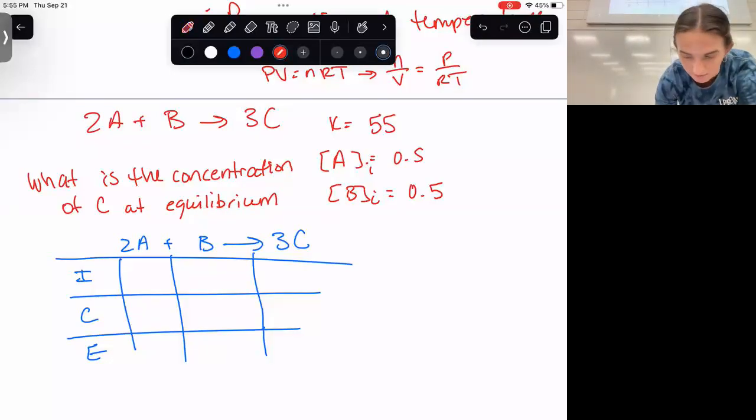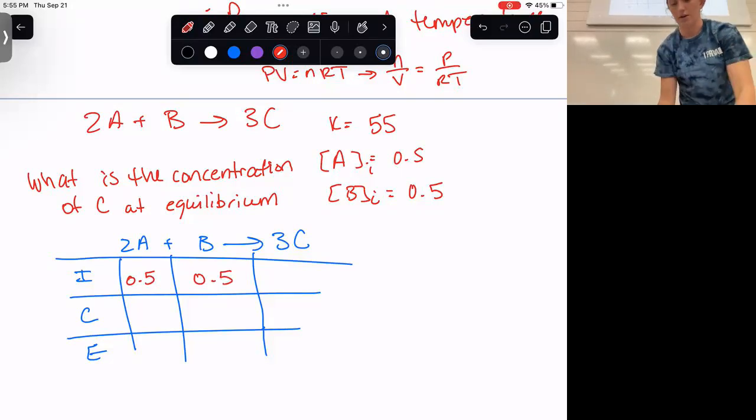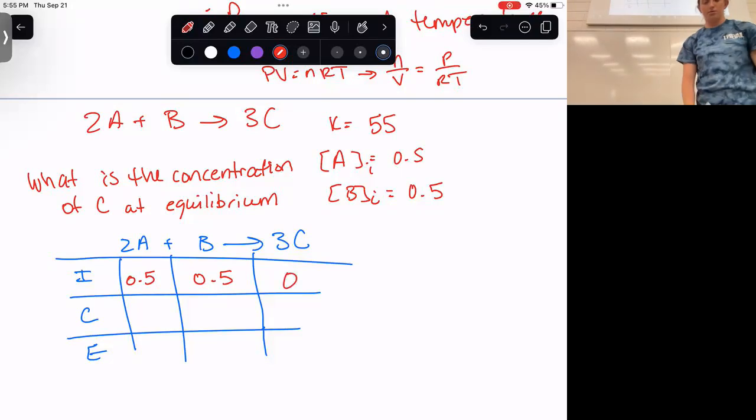Yep, we know concentrations of A and B. What do we know for C? Nothing, right? Do we know any equilibrium concentrations? Nope. We don't know any, right?